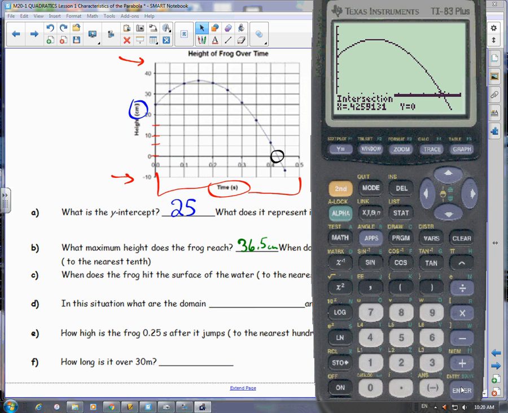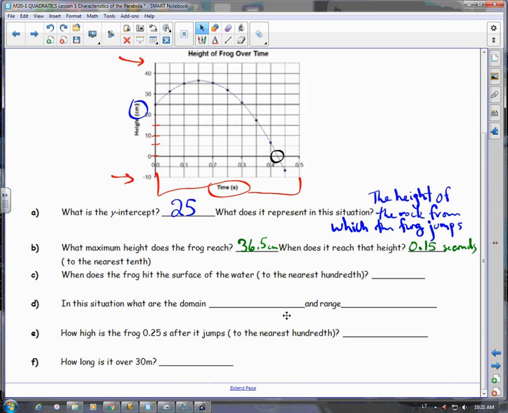Or maximum or minimum. What am I looking for? I'm looking for the intersection. So 0.42. What did it want? To the nearest hundredth, right? So when does the frog enter the water? We'll call it 0.43 seconds. Yeah, because it says nearest hundredth. So we'll call it 0.43.